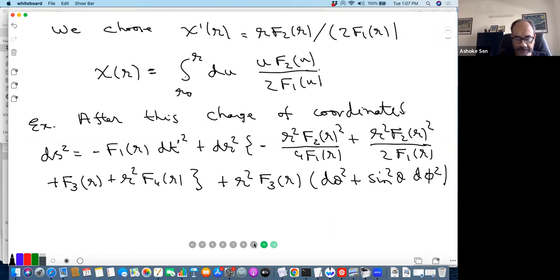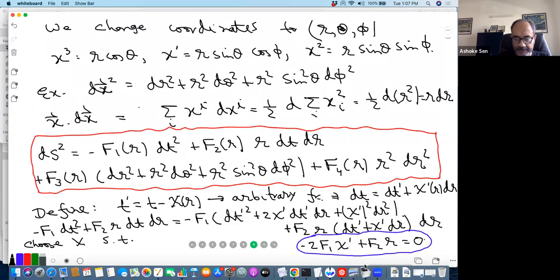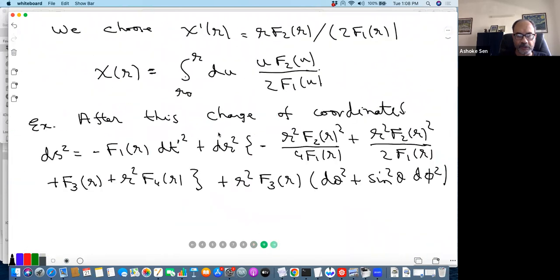So what I did was that I basically made this substitution, and then the dr square coefficient had already f3 and r square f4, but now you can see that some more terms will be added. Minus f1 times chi prime square will be added, and then there's a dr square here, f2r chi prime, that will also be added. So that's how the coefficient of the dr square term is a little more complicated, given by the sum of all these.